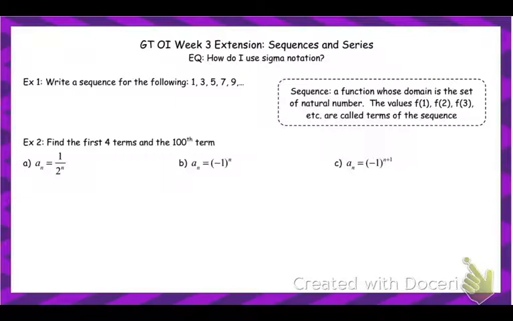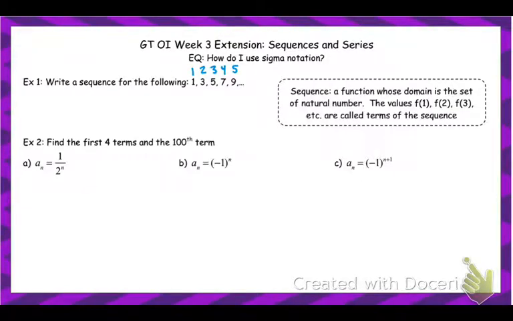All right, so we're going to start today with a big overview of what all these different things are. We're going to start with just a sequence. Okay, so a sequence is basically like a function, except the domain isn't everything. The domain is just going to be the natural numbers. So what that means is that a sequence is defined by the term. Okay, so 1 is the first term, 3 is the second term, 5 is the third term, 7 is the fourth term, and 9 is the fifth term.